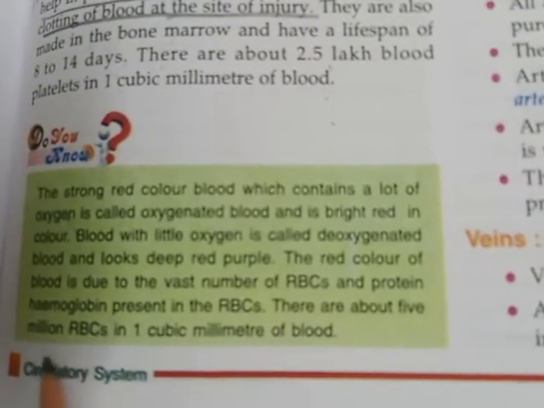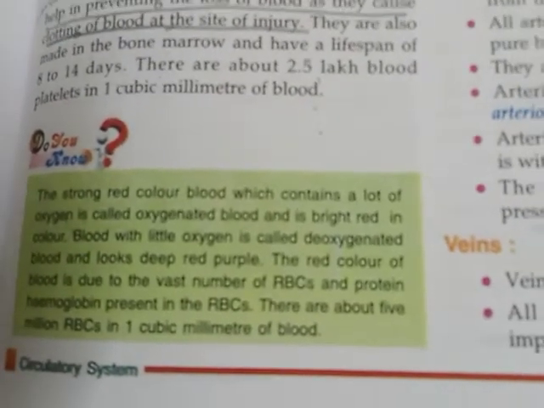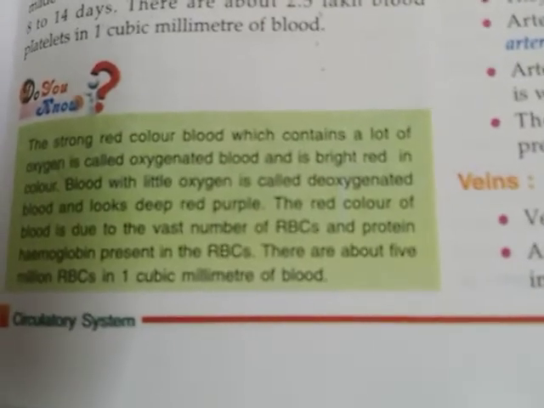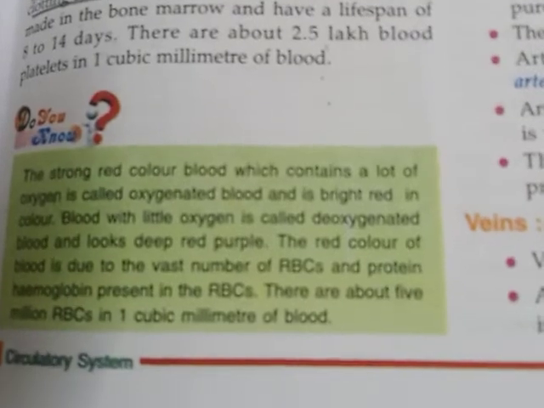There are about 5 million RBCs in 1 cubic millimeter of blood. So I told you children that there are more red blood cells than white blood cells in our body.